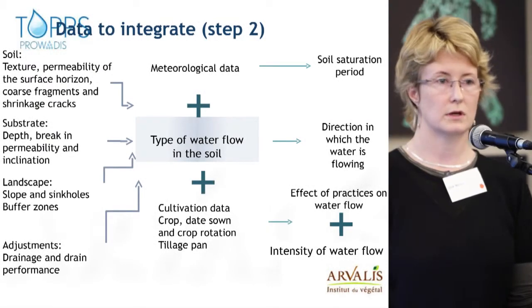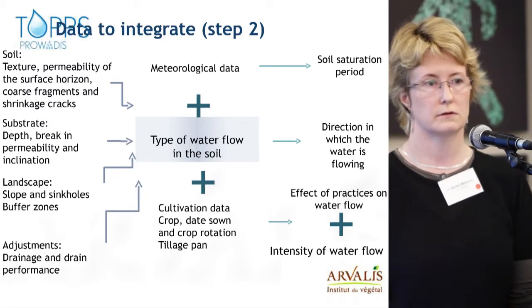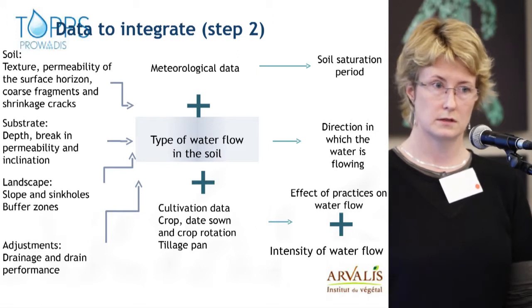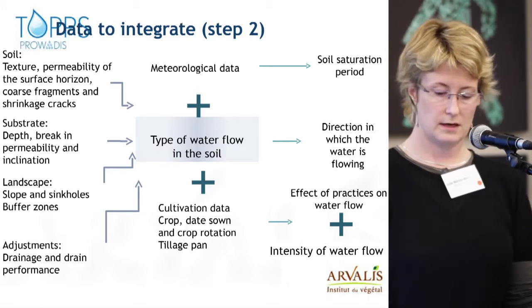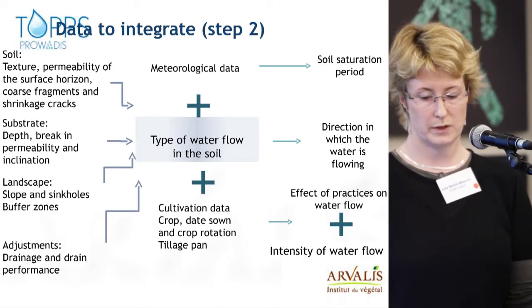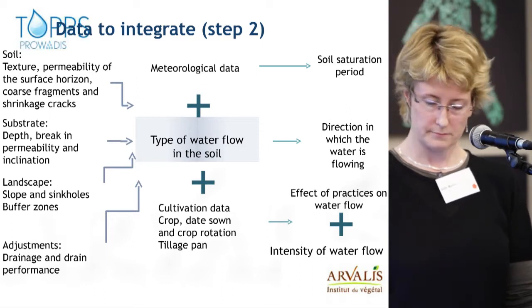Now we've seen that in detail, a few words on the data to be integrated. We have about 4 different categories of data. One is related to the soil, as we just said: texture, depth of the soil, permeability of the first layer, fragments, cracks. Then we need information on the substrate: depth, permeability of this substrate, and inclination.